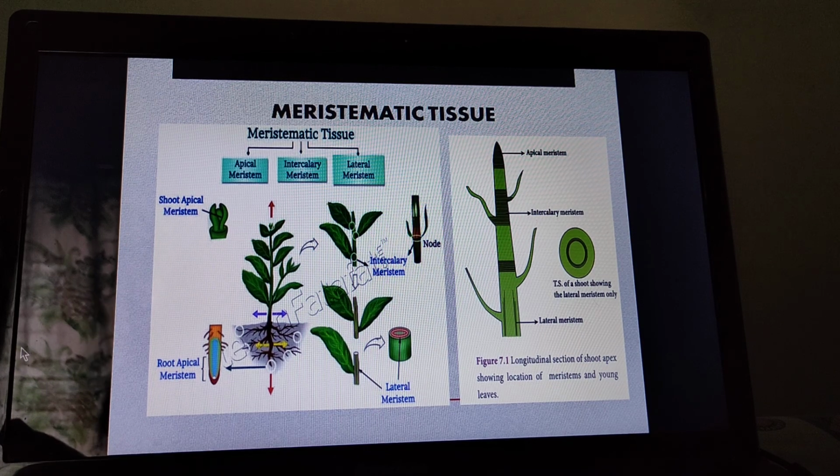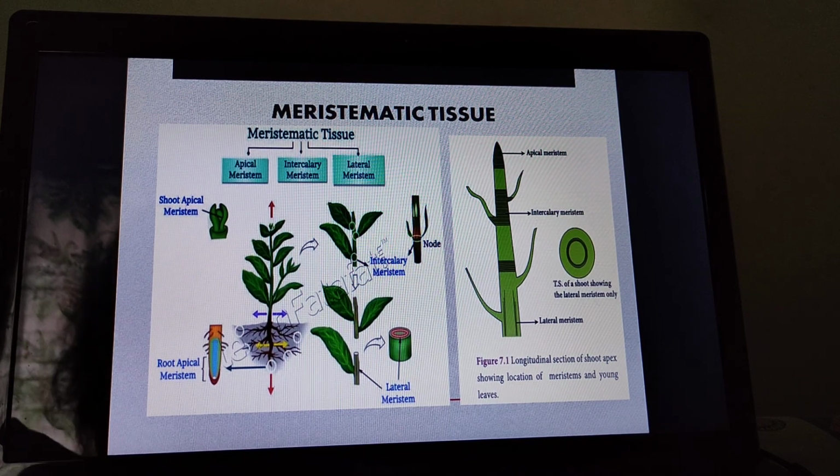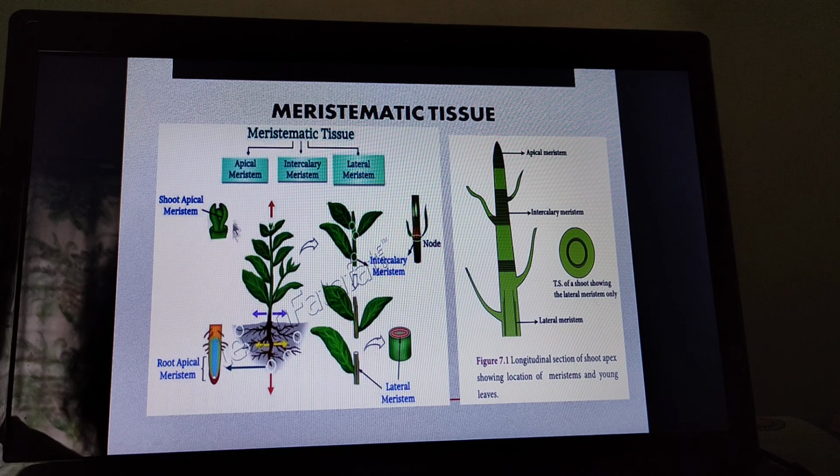If apical meristem divides and grows, the plants increase in length, known as primary growth. So where is the position of apical meristem? At the apex of shoot and root and leaf.